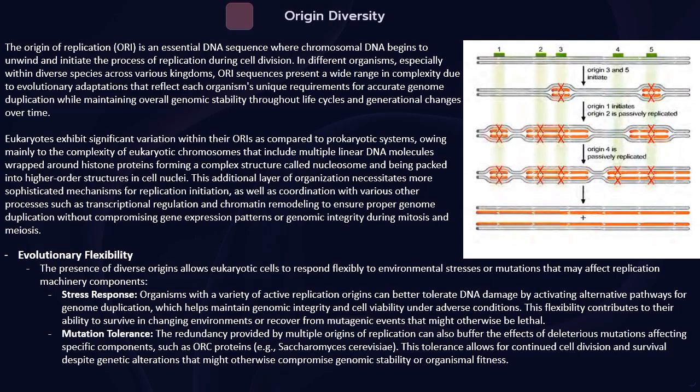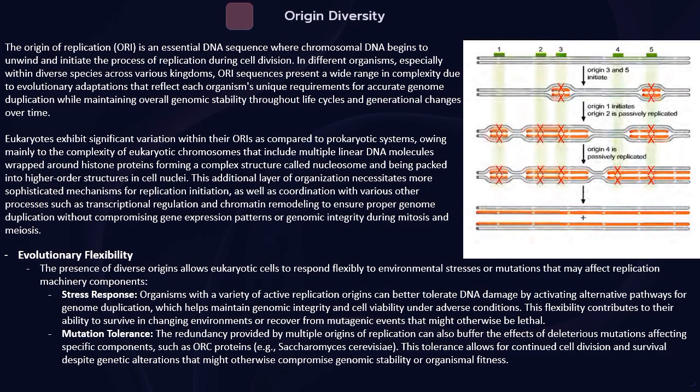On to the second point, which is mutation tolerance. The redundancy provided by multiple origins of replication can also buffer the effect of deleterious mutations and other genetic alterations that might otherwise compromise genomic stability or organismal fitness.